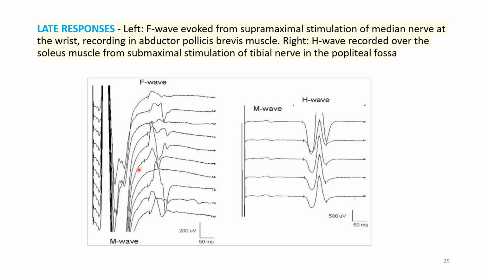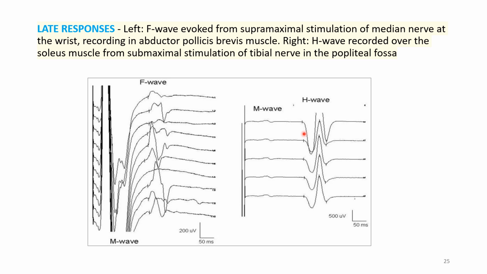This is the M wave which you are seeing normally, that we have seen in the previous slide. In abnormal conditions, you can see some little responses, from supramaximal stimulation or submaximal stimulation. If you stimulate supramaximally the median nerve at the wrist joint, you can see the recording in the abductor pollicis brevis muscle showing the F wave.